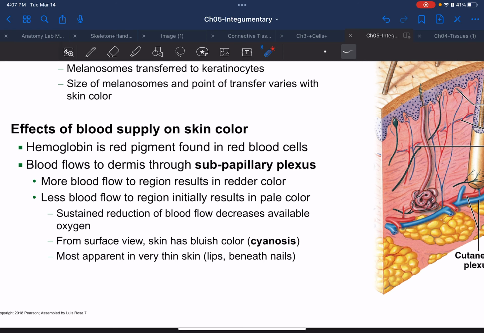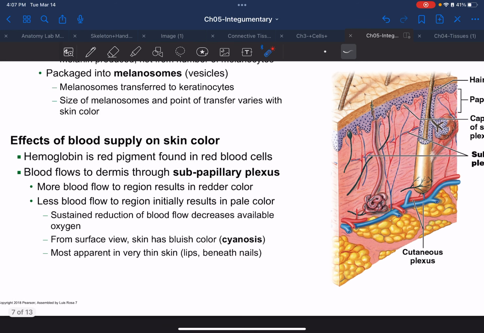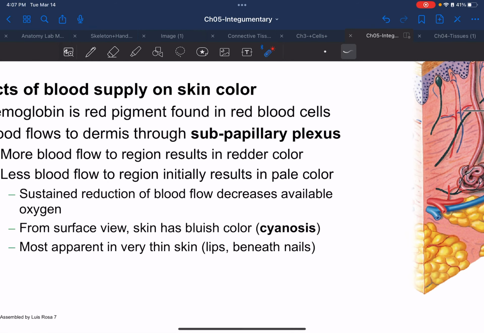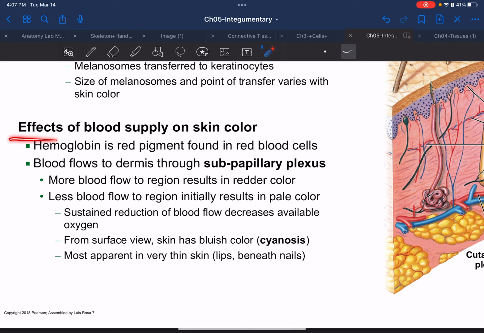It's because blood supply leaves the limbs and goes to serve the trunk of the body instead. And turning bluish because of a lack of blood flow is called cyanosis. So you can see how blood supply can affect you in a few ways. You can be red, you can be pale, or you can be blue.